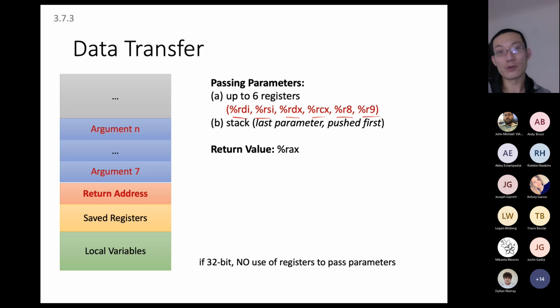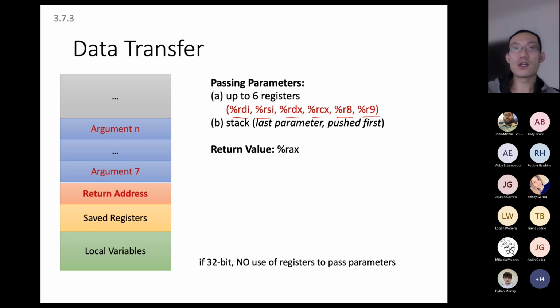The registers could be one candidate. So for the 64-bit machine, for almost a decade now, we use the 6 registers to help the stack facilitate the communication.